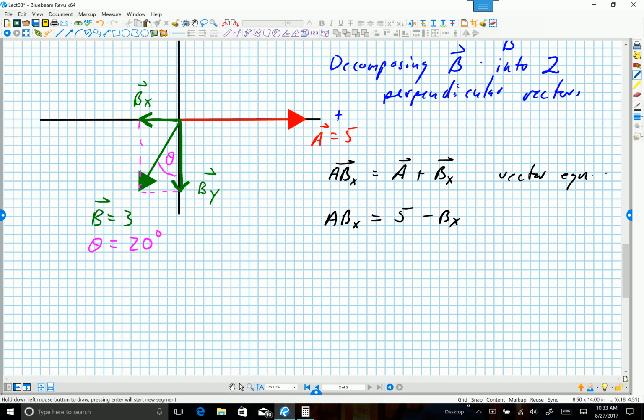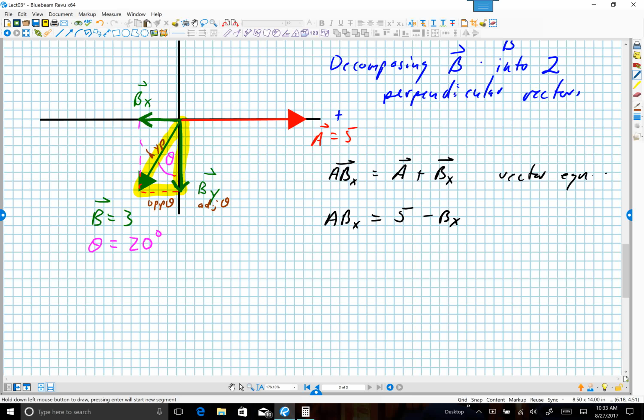So here's where I use trigonometry. Here's my triangle, my right angle triangle. And I have opposite theta, adjacent to theta, and hypotenuse.